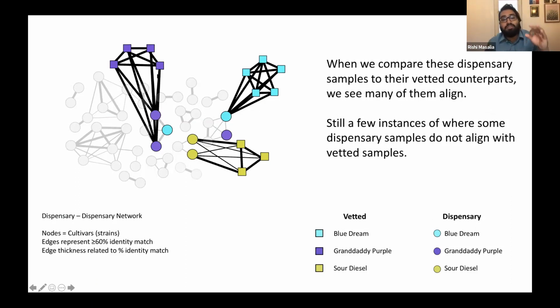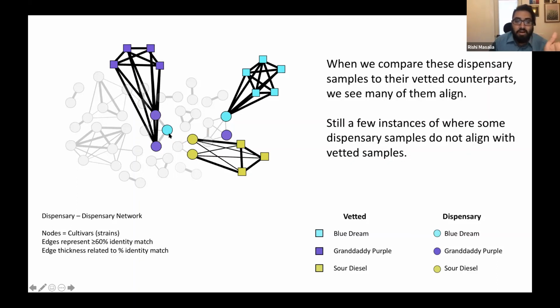And when we look at the genetic relationships between the vetted material, these vouchered materials, and the dispensary material, we see that a lot of times they do genetically correspond strongly to the name. So these two granddaddy purple dispensary samples correspond strongly genetically to these four vetted granddaddy purple samples, giving us confidence that these are in fact granddaddy purple. Same for this blue dream, same for these sour diesels.